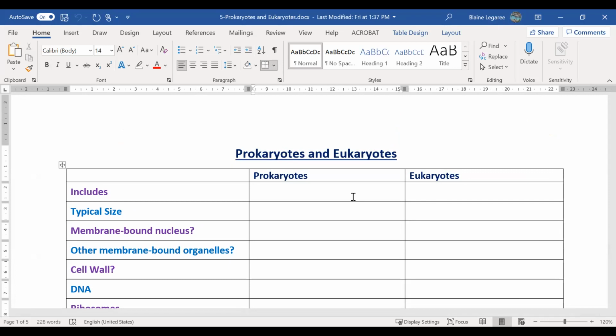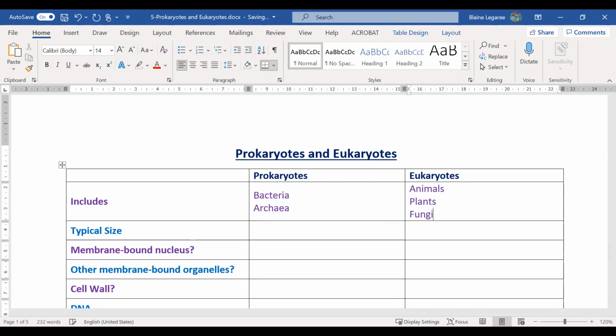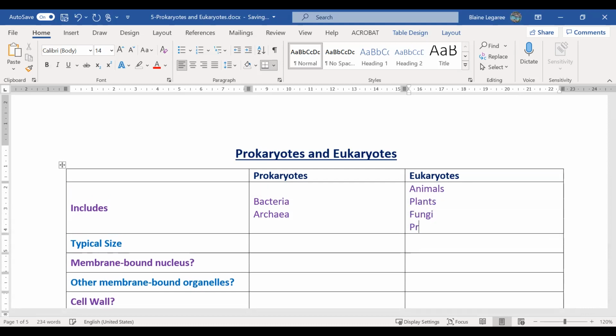So first, the prokaryotes, who does that include? That includes the bacteria and the archaea. So we already said that. The eukaryotes include a lot of the organisms that we're familiar with, so animals, plants, fungi, those might be the obvious ones, and the one that we keep mentioning here, the protists.